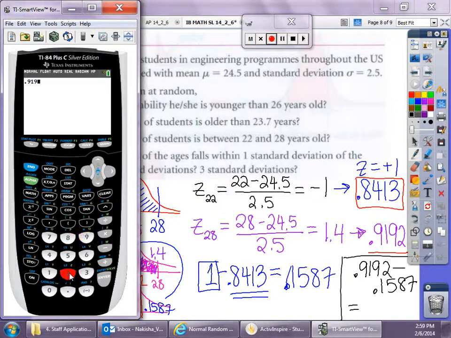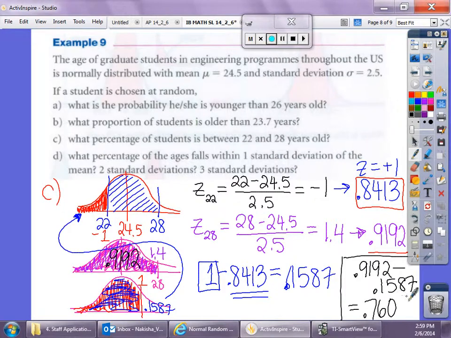Oh, sorry guys. I don't want to make a little mistake by doing all this in my head, so just make sure. All right, 0.7605, 0.7605. So hopefully if I didn't make any mistakes, if you use your calculator, you get that same exact value. Now, letter D is just going to be within 1 standard deviation. Those are your empirical data.